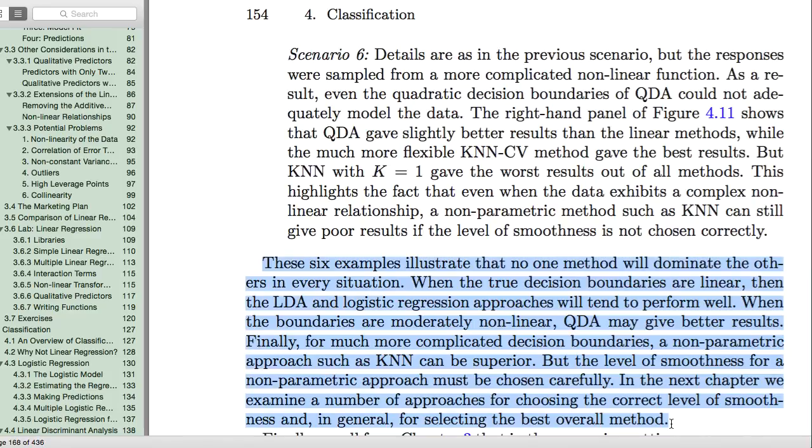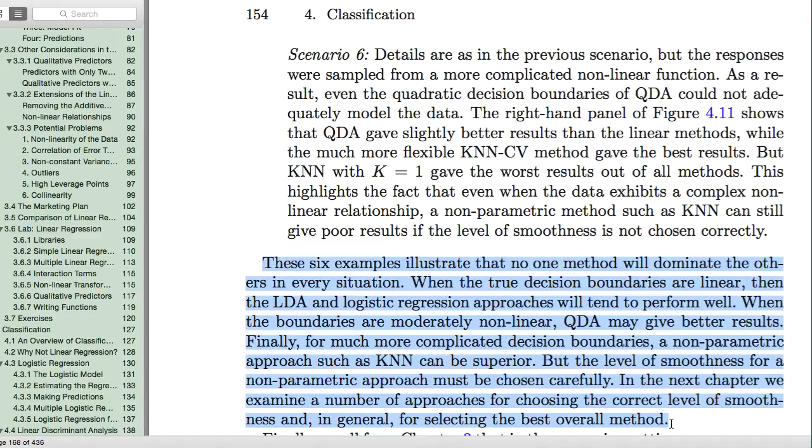Other than that little table that showed the sensitivity and specificity along with the synonyms from other fields, the thing I would most like you to take away from this chapter is this part right here. No one method will dominate. If the decision boundaries are linear, LDA and logistic regression will perform well, LDA performing better if assumptions about Gaussian distribution and common covariance matrices are met.